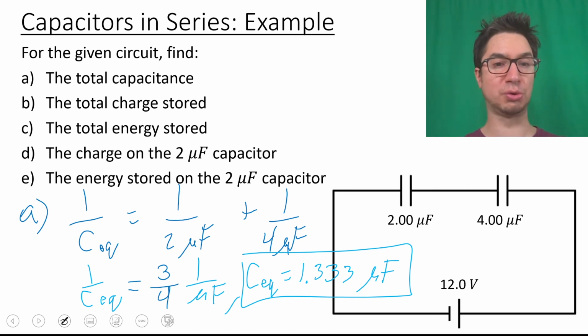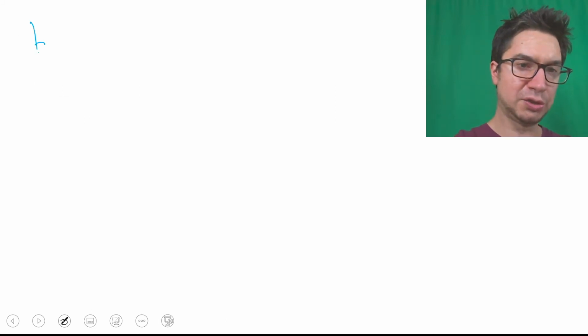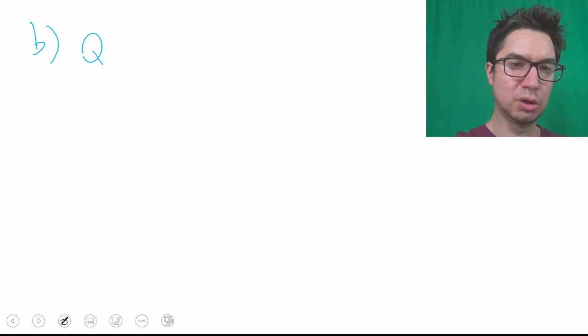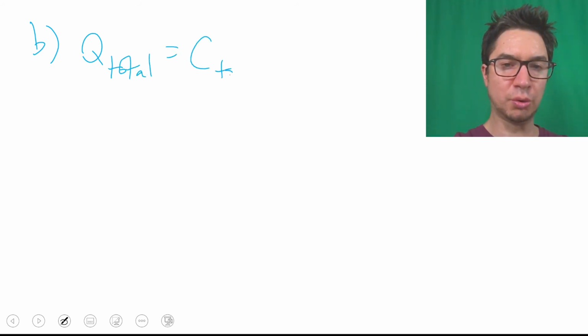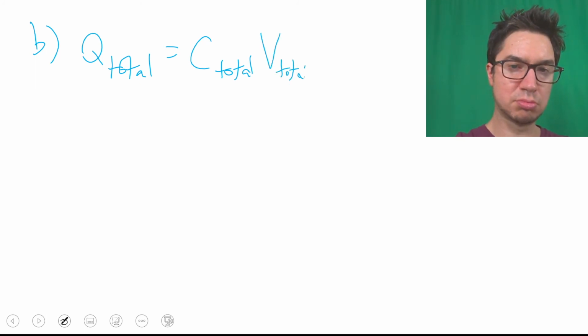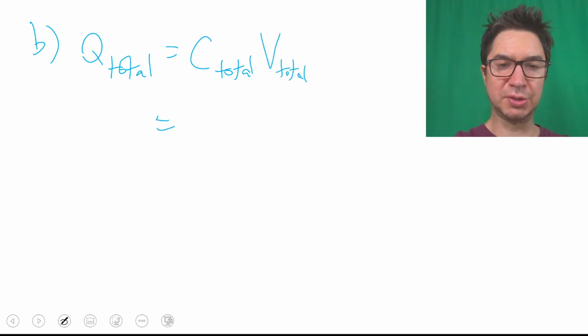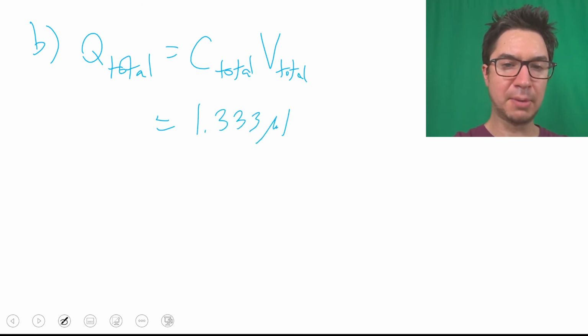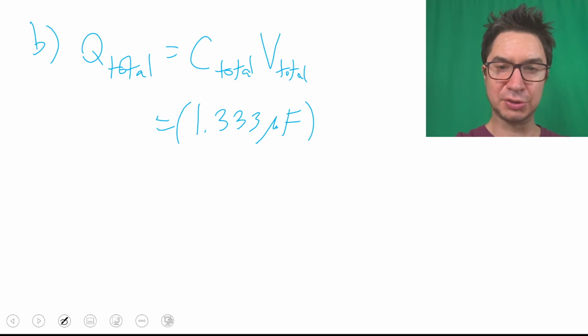Let's now find the total charge stored on this capacitor circuit. So in part B, we say Q total is equal to C total times V total. And the total capacitance we said before was 1.333 microfarads times the total voltage of 12 volts.